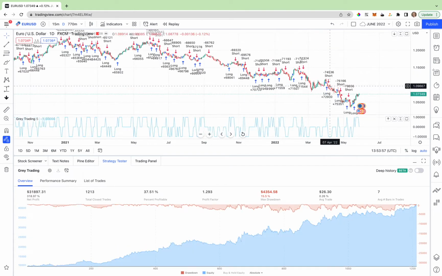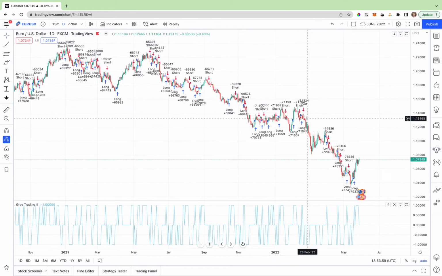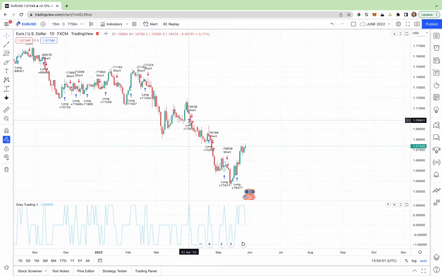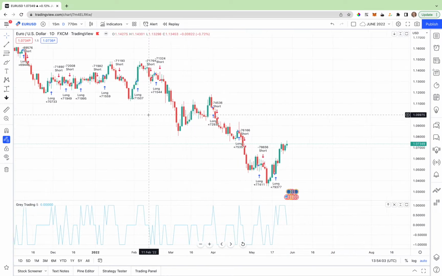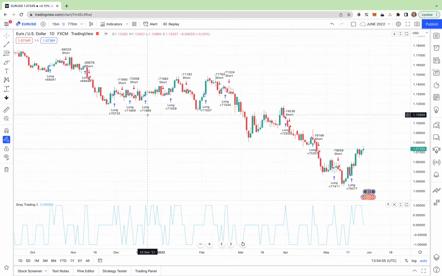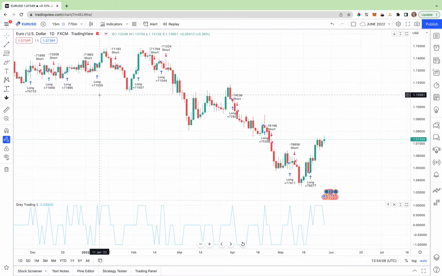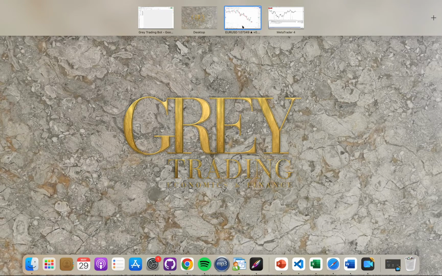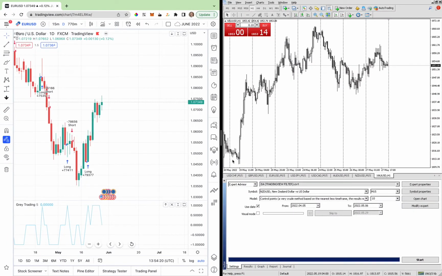So first we're going to start with Euro Dollar, and we're just going to look at this year. So really from January 2022, and we're just going to do a backtest using the algorithm and these daily filters. So to do this faster, we're going to combine windows on MT4 and TradingView.